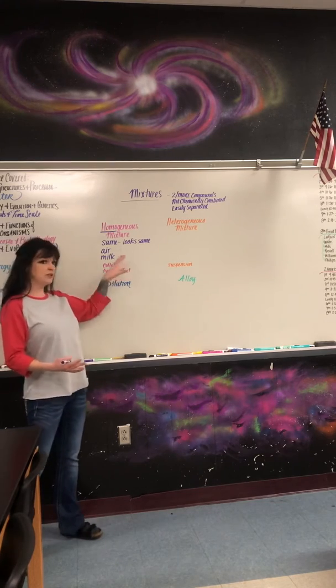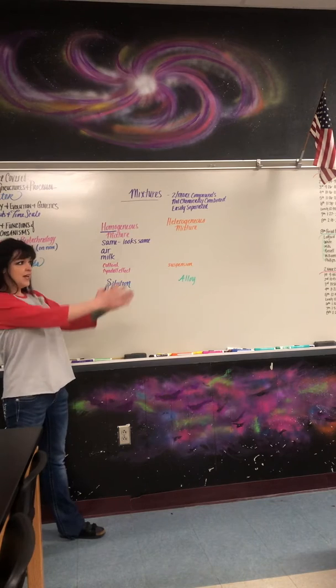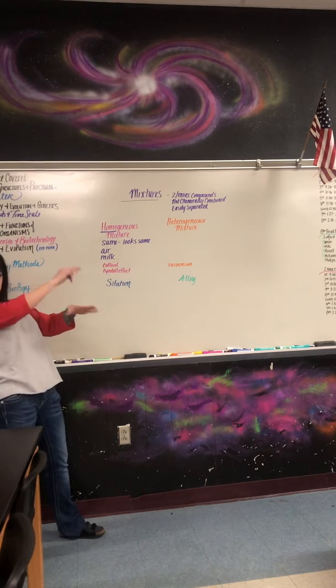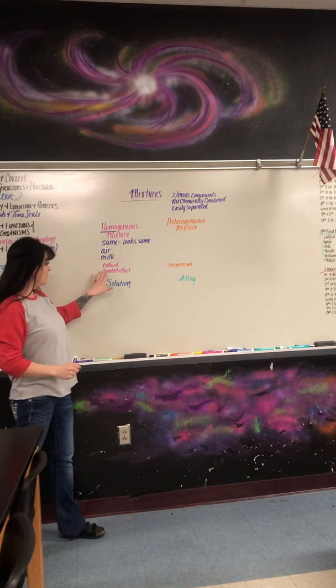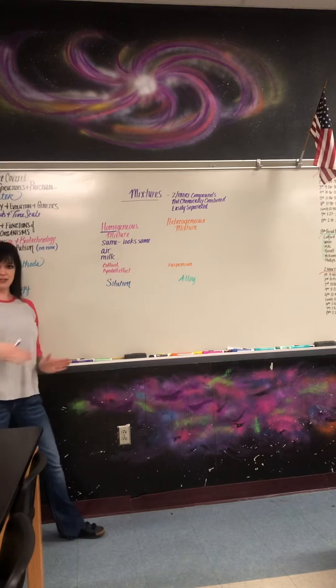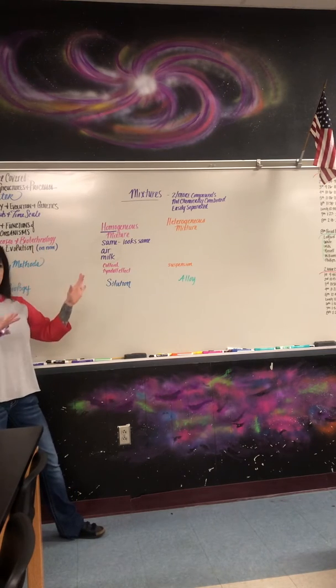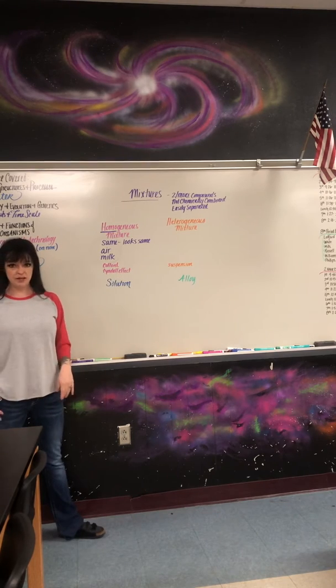Have you ever noticed if you're sitting by a window and the light is shining in and then you can kind of see little particles floating around in the air? That would be a colloid. And how you see the ray of sunshine coming in and it's highlighting the little particles, that would be what's called the Tyndall effect.